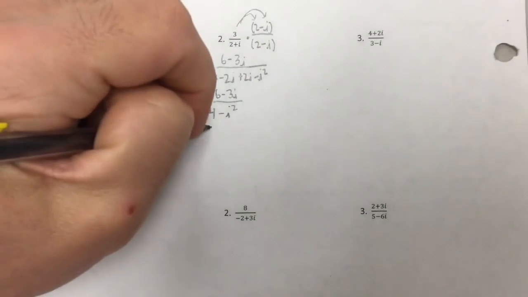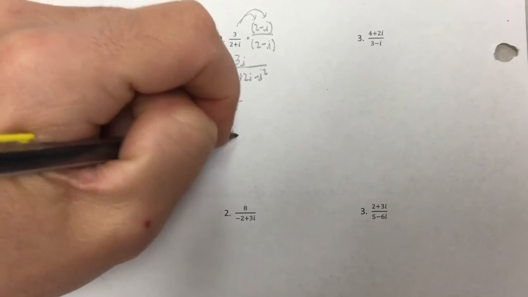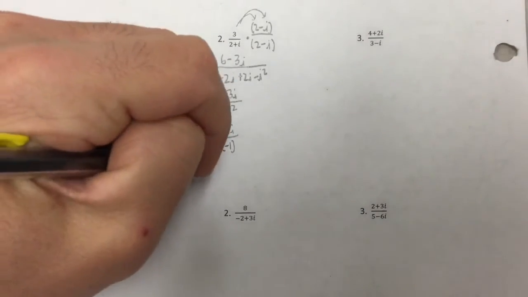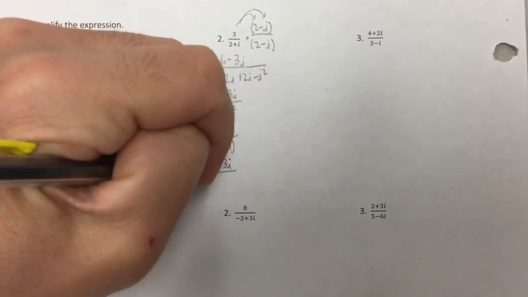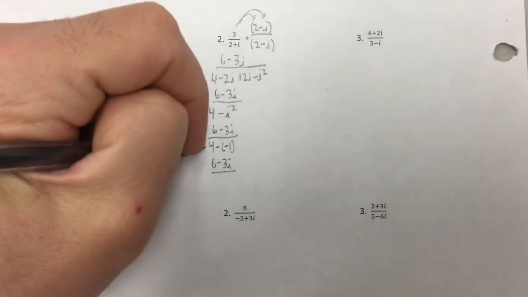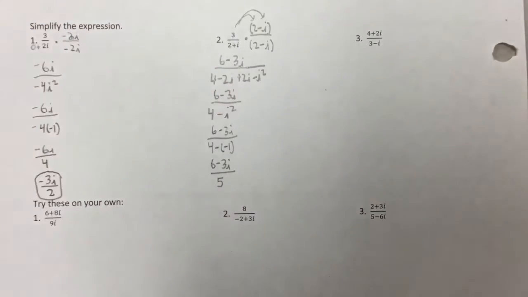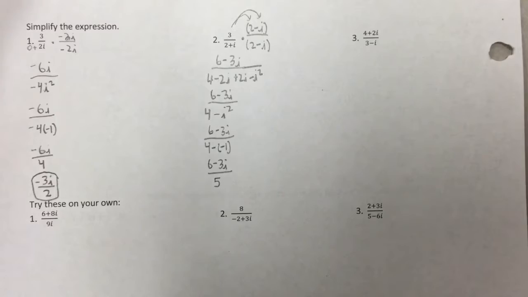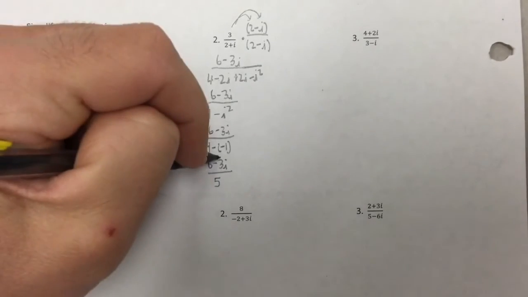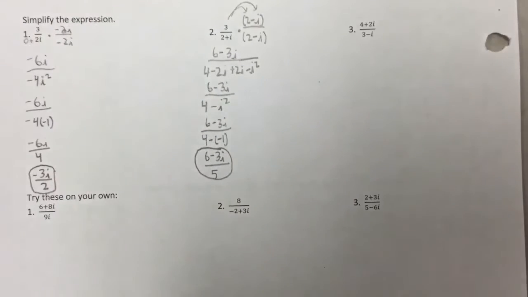And we know i squared is negative 1. And so again, we want to end up with a real number in the denominator, which we will have. 4 minus a negative 1 is plus, so 4 plus 1 is 5. And the only other thing you'd want to do is see if you can divide. And if I try my heart method, I can't divide 6 by 5, I can't divide 3 by 5, so you can just leave it as such.